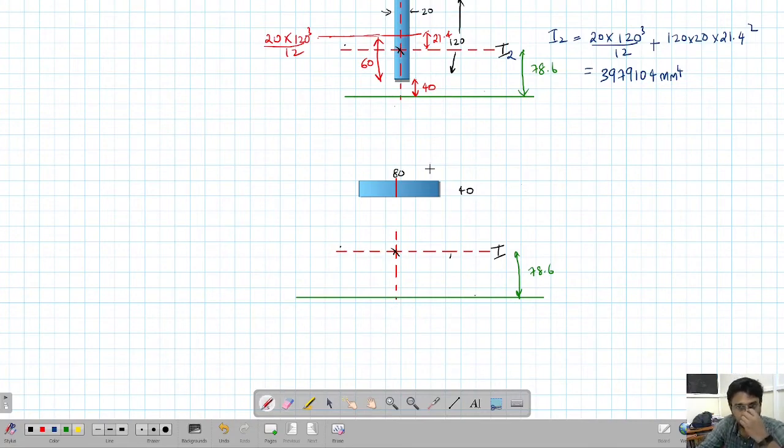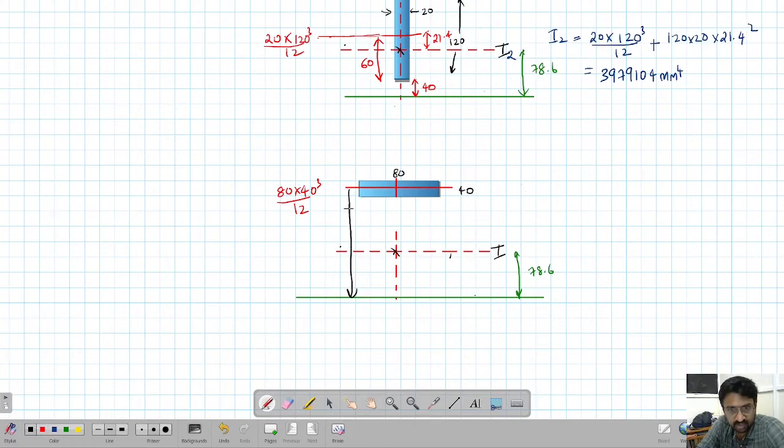Now this small rectangle, we know the horizontal centroid passes through the center. This moment of inertia we know is base into height cube by 12. Now what is the distance of this base?